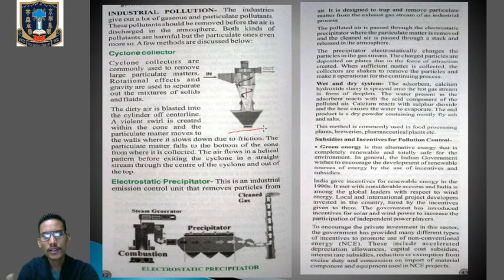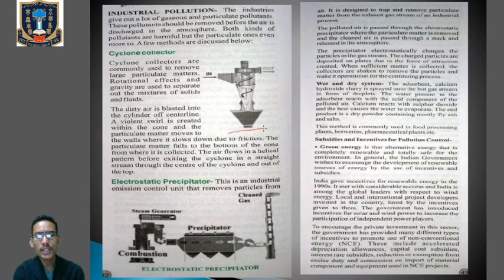The cyclone collector is based on centrifugal force, and it is mainly used to remove the large particulate matter present in the air.